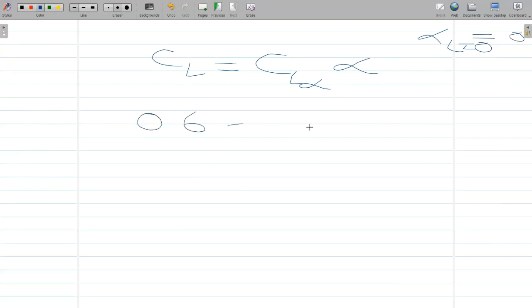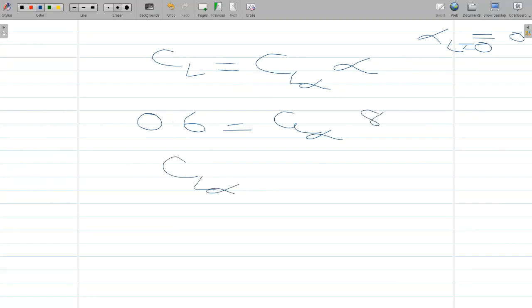Now to find the lift curve slope of the wing, we know that CL is nothing but CL alpha times alpha, and it's a symmetric airfoil, so we do not have alpha L equal to 0, the zero lift angle of attack is 0 over here. CL is 0.6, CL alpha is something we need to find, and alpha is 8 degrees.